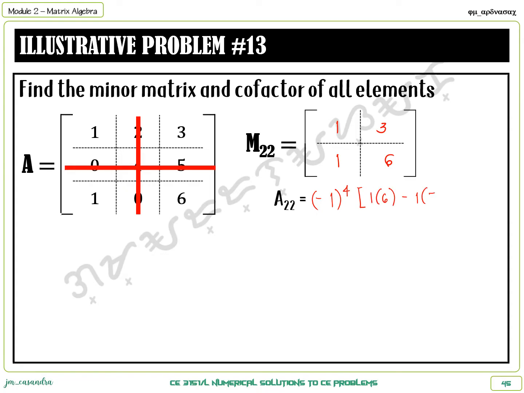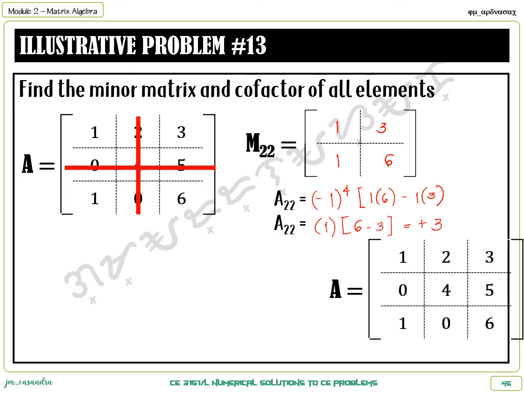Or A22 now is equivalent to negative 1 raised to 4, which is positive 1, multiplied to 6 minus 3, or A22 now is equivalent to positive 3.